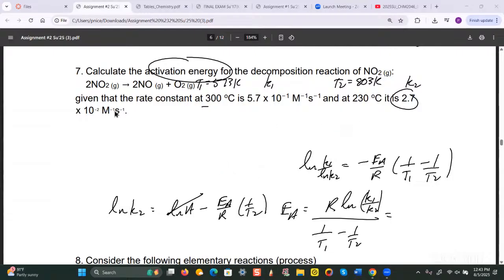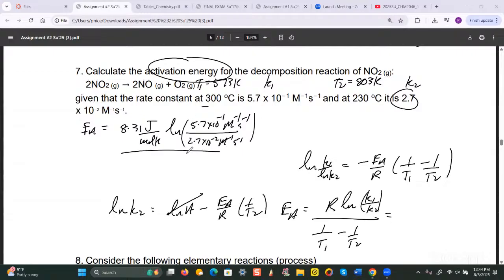Ea is equal to R, which is 8.31 joules per mole Kelvin, times ln k1, where k1 is 5.7 times 10 to the minus 1 per molar per second, divided by k2, which is 2.7 times 10 to the minus 2 per molar per second.